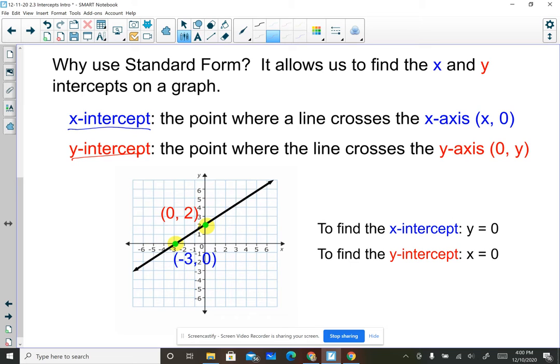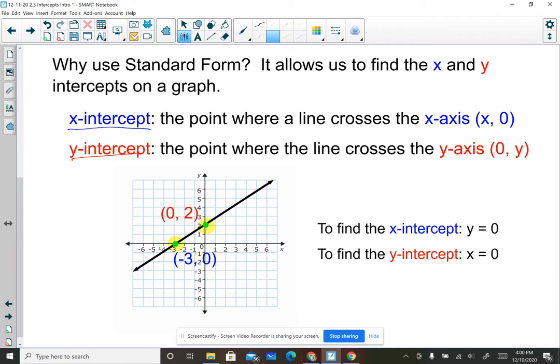So how do we find those if we have standard form? We take an equation, and to find the x-intercept, we substitute in 0 for y. Look, the x value on the x-axis is negative 3, so to find the negative 3, I put a 0 in for y and solve the equation.